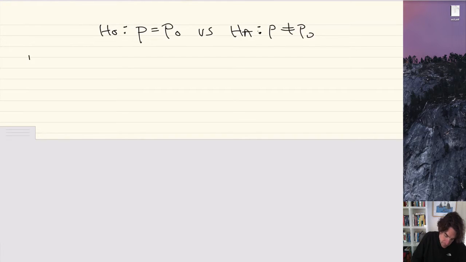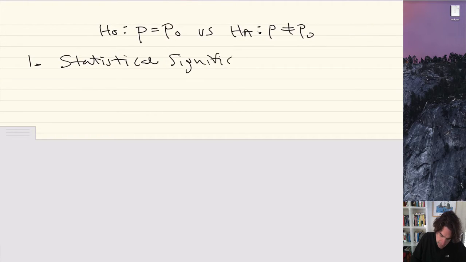Well, the first thing we can talk about is statistical significance. Alpha is typically called the type 1 error rate, or the probability of a type 1 error.